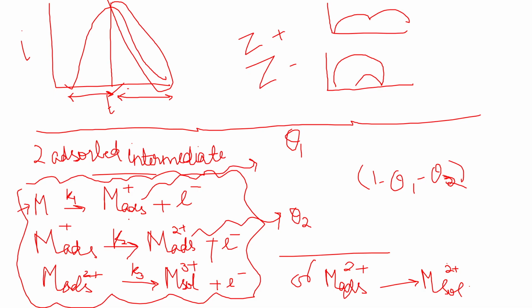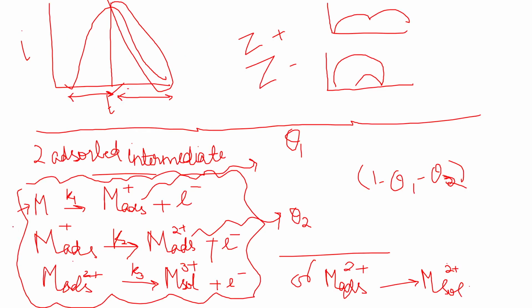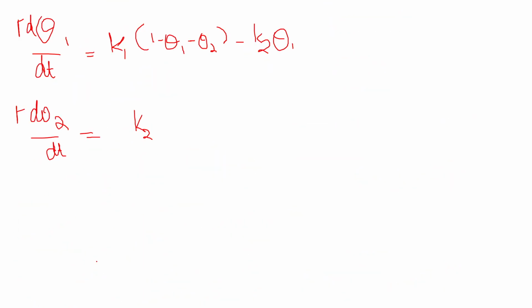Yes. So what's happening in reaction 2, the step 2? You can see MH2 plus is getting formed, right? So you will have something like K2. You can see it is the concentration of MH plus, which is occupying theta 1 site. So K2 into theta 1.